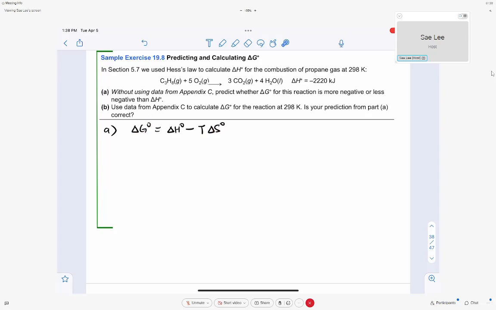The enthalpy value is already given, so we only have to make a guess about the entropy change.